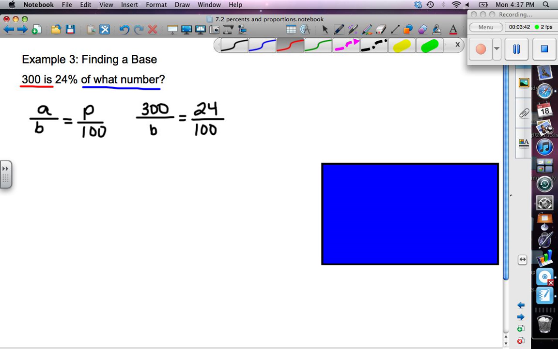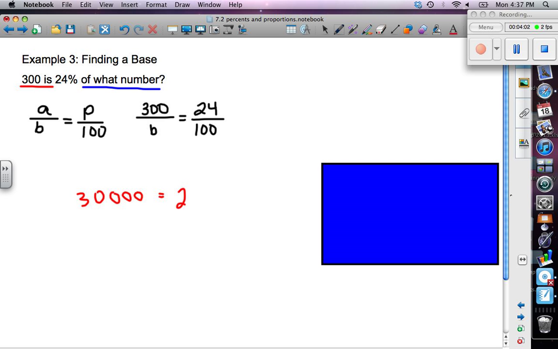So 300 times 100 is going to give us 30,000 equals 24B.